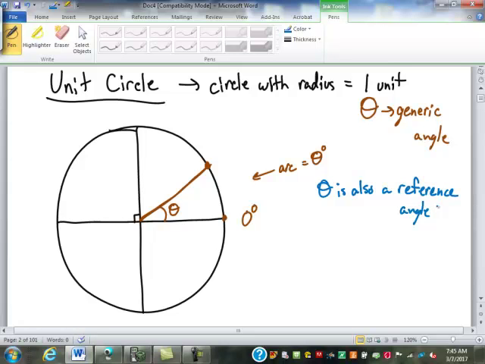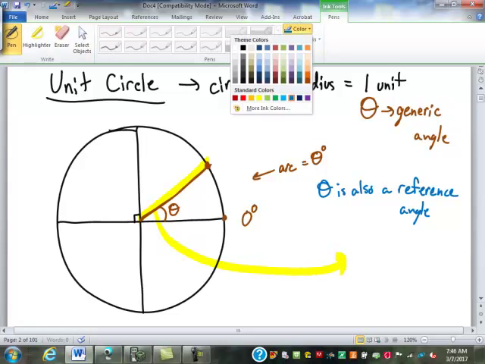Theta is what we call a reference angle as well. What I mean by reference angle, it is an angle between this piece here, which is what is called a terminal side.